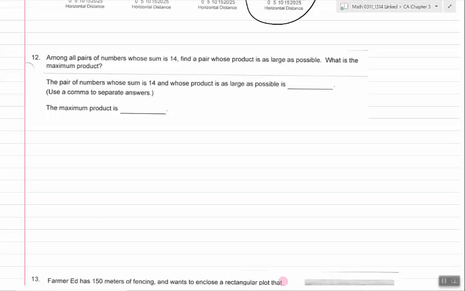We're going to use x as the first number, and 14 minus x as the second number. This is one technique when two numbers add up to be 14. One of them is x, one of them is 14 minus x.